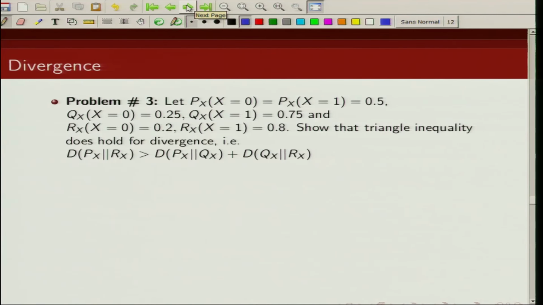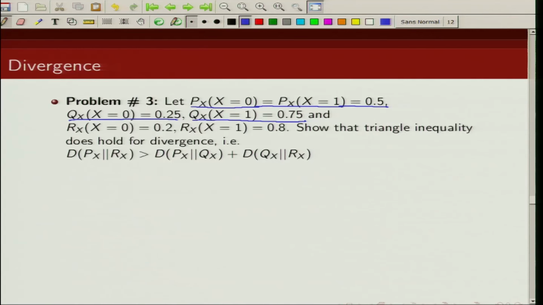Now let us look at another problem. We want to demonstrate with the help of a simple example that divergence, the relative entropy, does not satisfy the triangle inequality. So I have given you 3 probability distributions. p of x, for x equal to 0 and x equal to 1, is 0.5 each. q of x, for x equal to 0, is 0.25 and for x equal to 1 is 0.75.